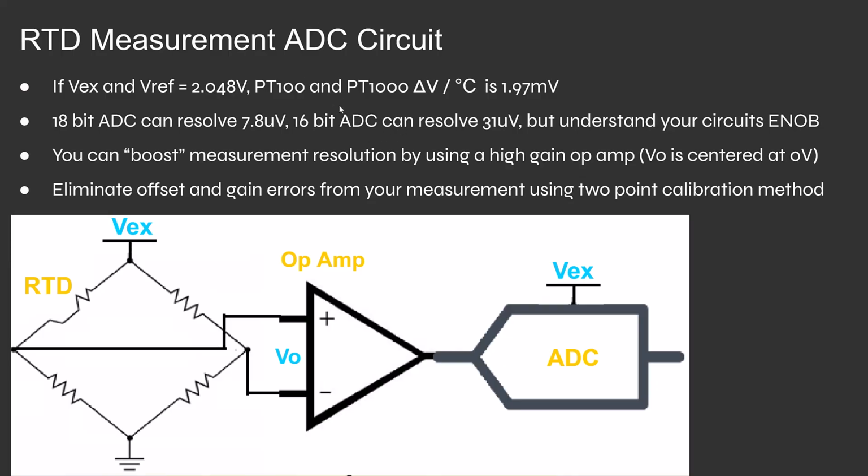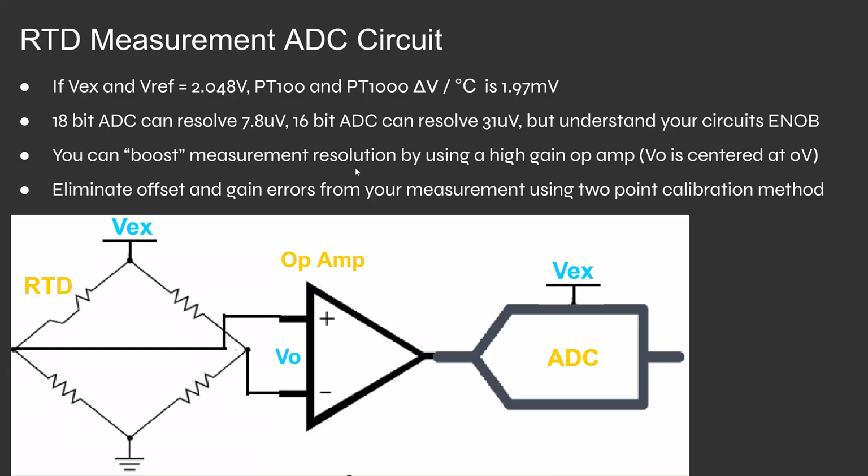If you don't have access to a high resolution ADC, like on the precision logger, or you need to keep costs down, you could use an amplifier, specifically an instrumentation amplifier with a very high gain, right? And what's nice about the Wheatstone Bridge is the measurement is centered around 0 volts, right?